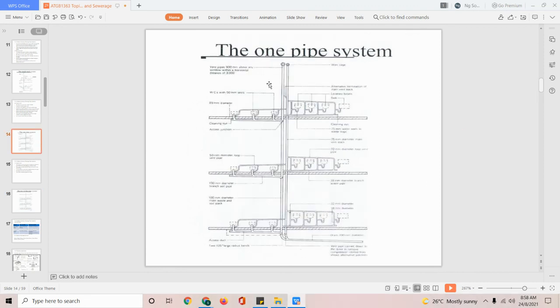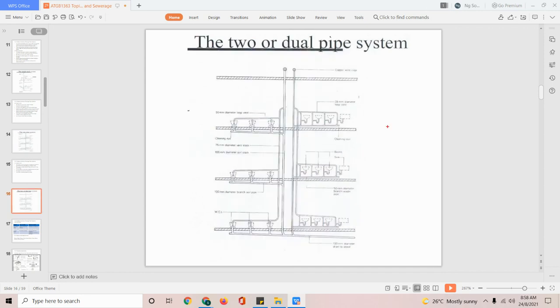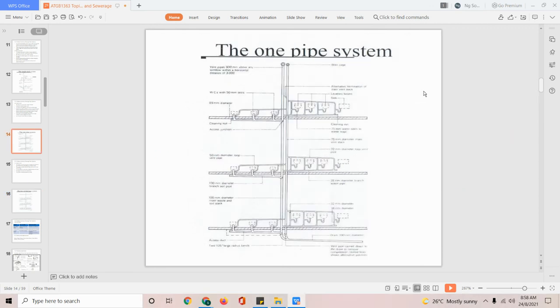Because we have two pipes instead of one, this soil pipe can work at full capacity.